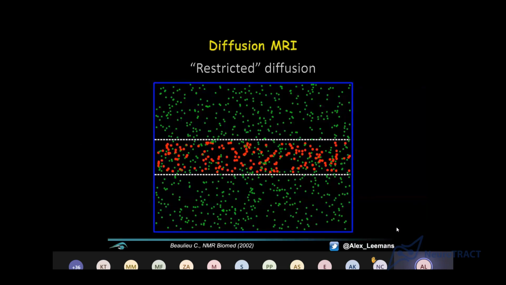If you think of these barriers being a cell, like a little sphere, then within this cell you could argue the diffusion is isotropic because they will be going in any direction at the same rate, but then they will hit the barriers and they will not continue. So in a way, restricted diffusion versus hindered diffusion are different concepts than isotropic and anisotropic diffusion. I hope that makes sense.